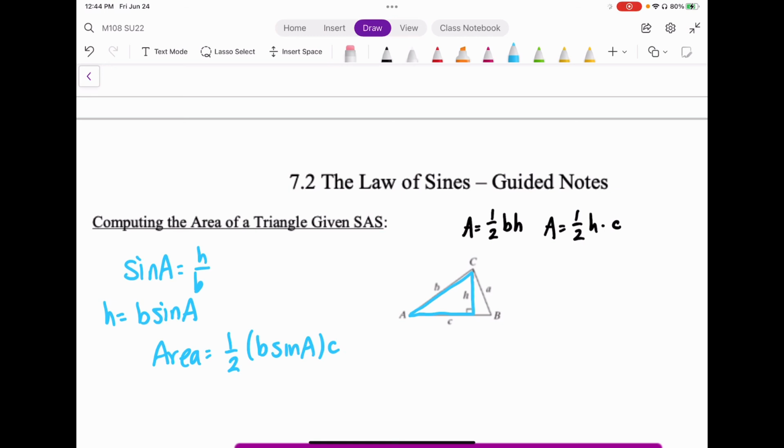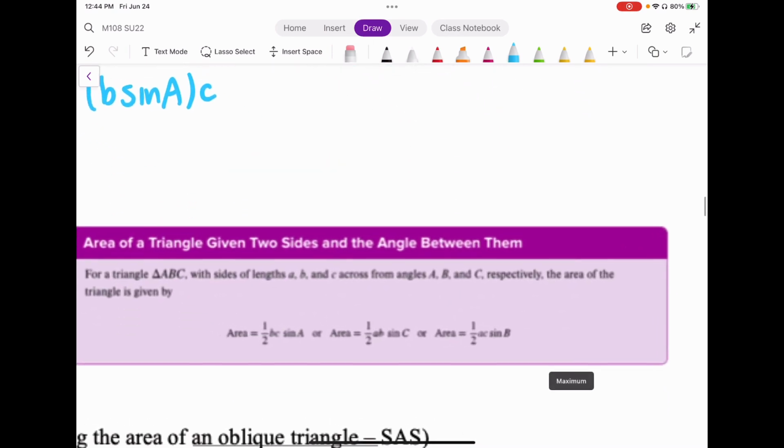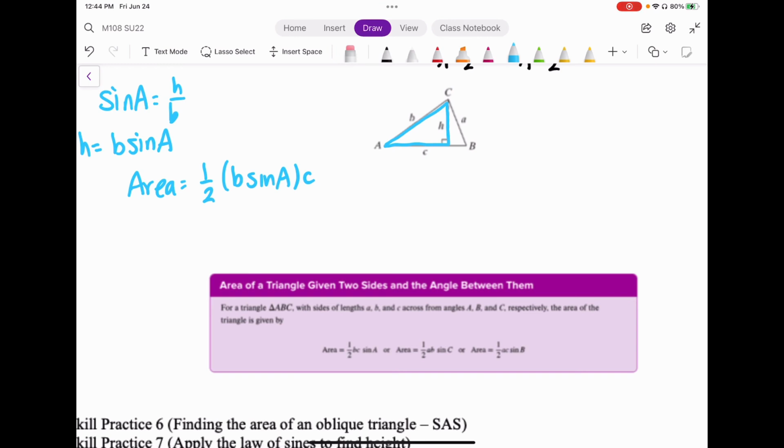You can adjust the different variables and solve the same thing to find there are three different versions of this, depending on if you want the sine of A, the sine of B, or the sine of C. So those three formulas are here. For triangle ABC with sides of length A, B, and C across from angles A, B, and C respectively as drawn above, the area can be calculated by taking 1/2 BC sine A, or 1/2 AB sine C, or 1/2 AC sine B. So you're using all three letters.